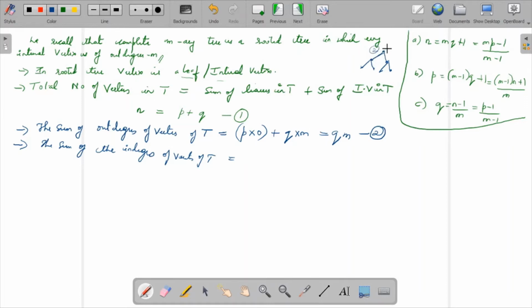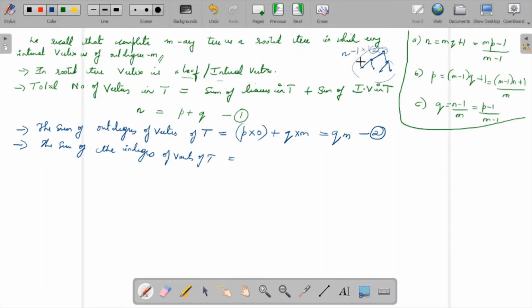If you check here, the in degree for the root is 0, whereas for every internal vertex there is an edge coming in. Since in a rooted tree the in degree of the root is 0, how many vertices remain, including the leaf nodes? If there are n vertices, excluding the root, the remaining n minus 1 vertices each have in degree 1.